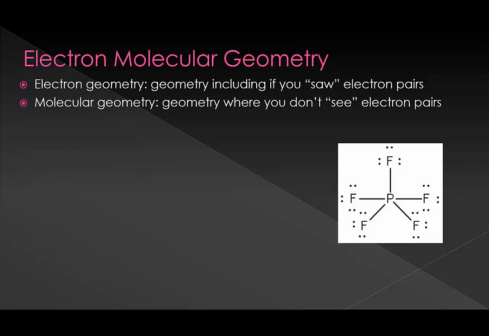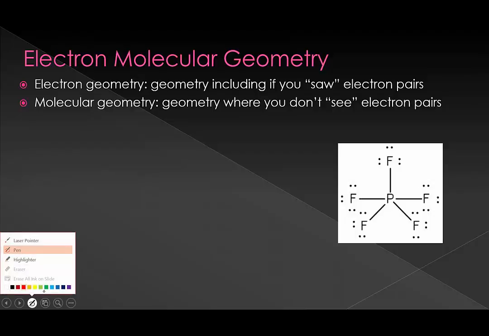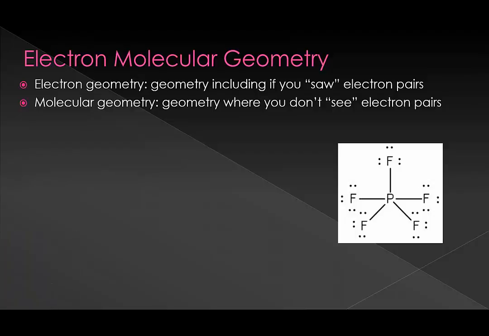Now we come to the part where we're not going to go over exactly how to do this. It's a much longer lecture and we'll cover that next time. But the difference between electron geometry and molecular geometry: electron geometry is the geometry that you might have if you, quote unquote, saw the electron pairs. It's as if we're counting that as part of the geometry.